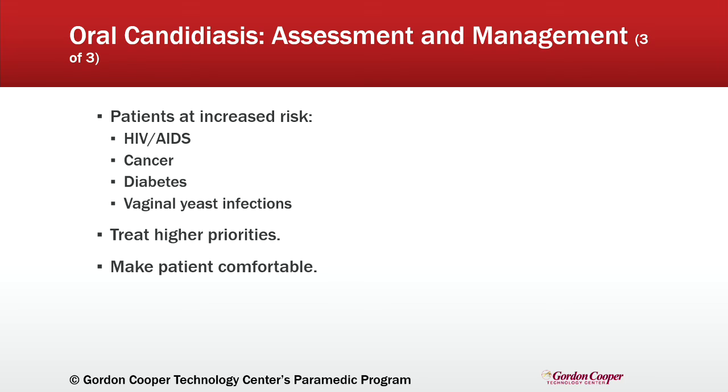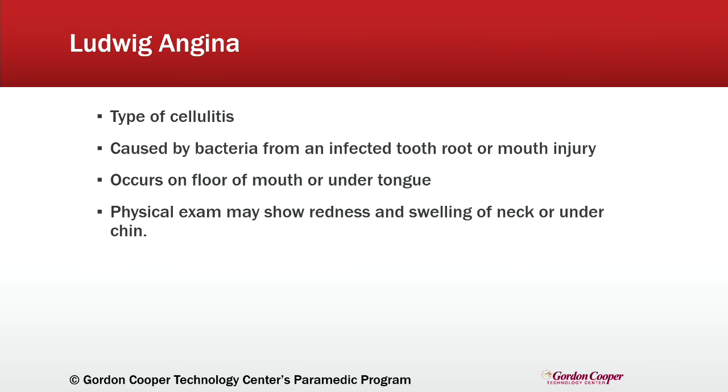It should be a priority. Of course, we're going to make them as comfortable as we can and encourage them to follow up with a physician, unless they've got some of these comorbidities that might make it a little more serious, or some other things going on that may otherwise indicate that we need to transport them to the hospital to start getting treatment now.